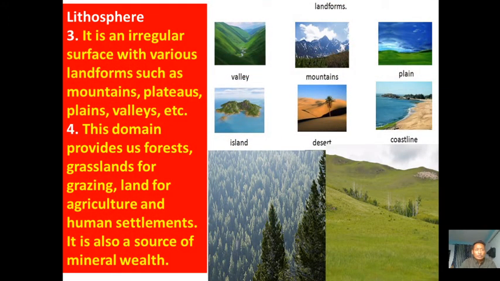The third point is that the lithosphere is an irregular, not a uniform surface. The topmost layer of our earth's surface is not uniform. It is irregular because we have different types of landforms such as valleys, mountains, plains, islands, deserts, plateaus and coastal areas.